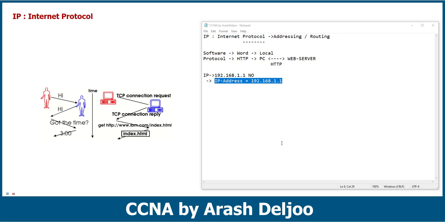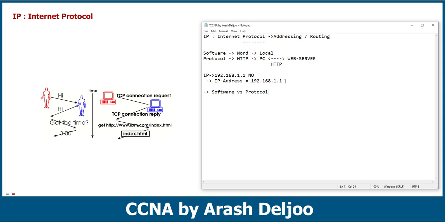Okay, let me talk about the protocol. Until now, we learned the difference between protocol and software. Software versus protocol is the first thing that we learn in this course. Now I'm going to talk about protocols in the CCNA course, because we are talking about communication between systems. We need to learn about protocols, not software.